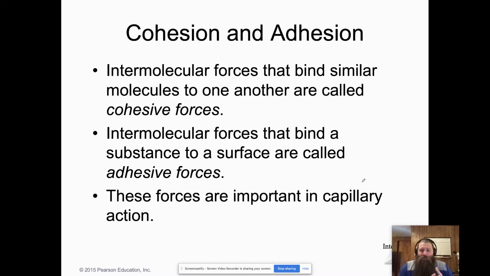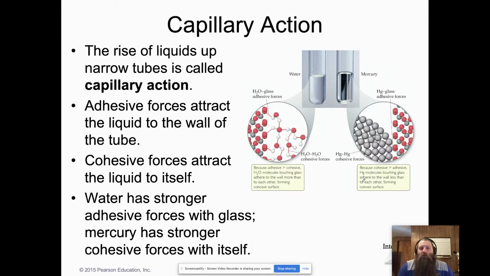Cohesion and adhesion, if you put them together, give you something called capillary action. So what is capillary action? Well, capillary action is when a liquid starts to climb a really narrow tube on its own. It's like you don't have to do anything, it just happens. So the way that we explain that is pretty simple. Adhesive forces attract the liquid to the tube itself.